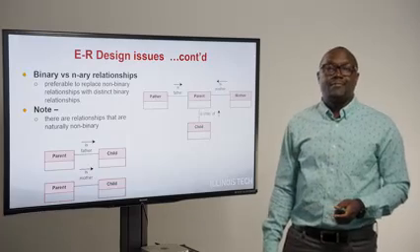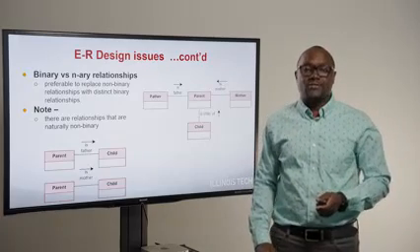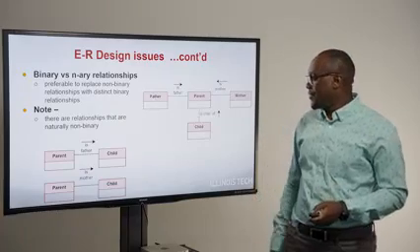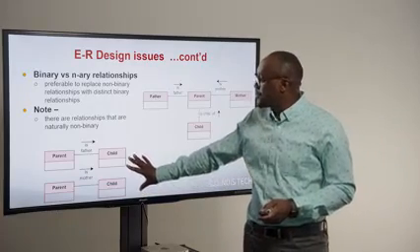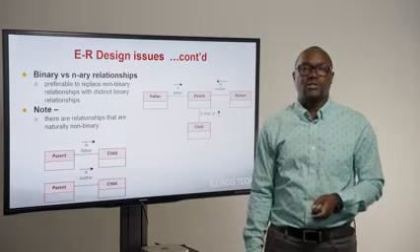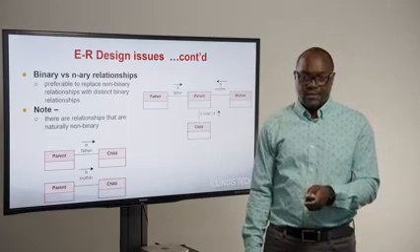Although there are some relationships that are naturally non-binary, you cannot break them down into binary. But preferably, if a relationship can be broken down into binary, that will be a good design decision.